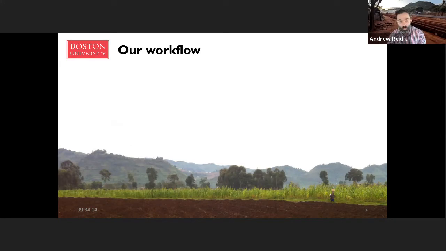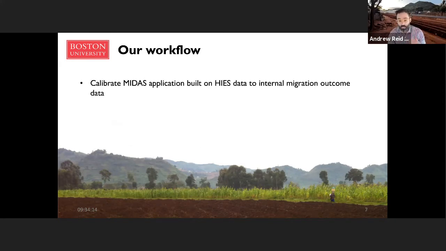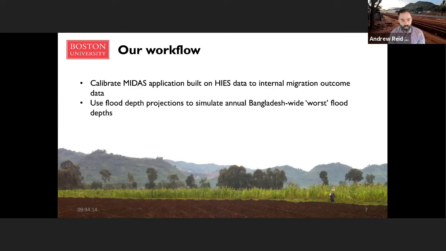So really quickly, the workflow that we applied to pull all this stuff together was that we calibrated a MIDAS application by building a little income model based on that HIES data and calibrating that to our internal migration outcome data. And then we took our flood depth projections to simulate what we expected to be the worst flooding depths in a year, moving out through 2050 through 2100.